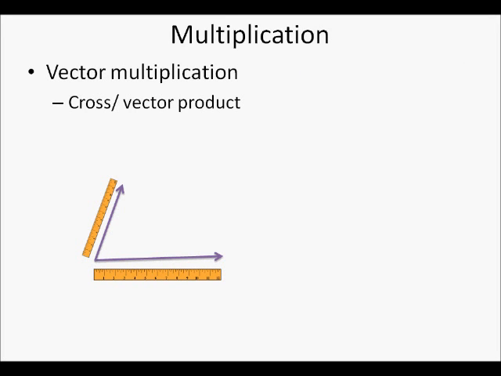Now let's look at vector multiplication, another way of multiplying two vectors. Say I have a vector a and vector b, with their lengths, and theta in between them. Then the vector product, otherwise known as the cross product, a cross b, is modulus a, modulus b, sine theta, multiplied by the vector n cap.